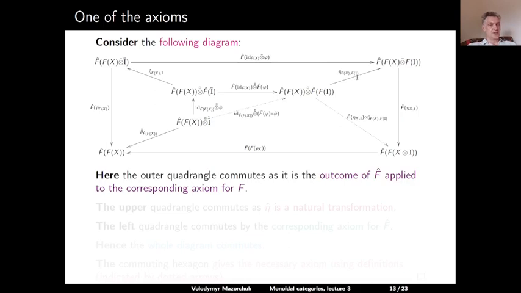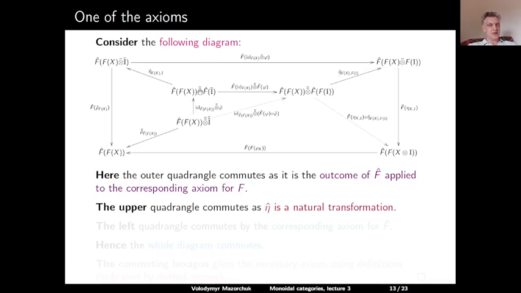Directly from the construction, the outer quadrangle commutes because it's the image under f hat of the right unitor axiom for f. The upper triangle, this triangle, commutes because eta hat is a natural transformation.